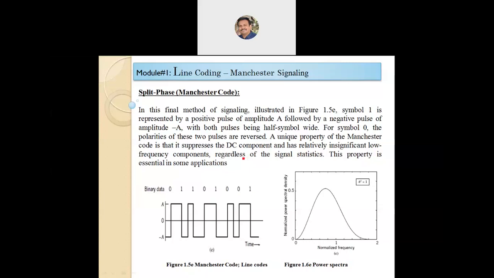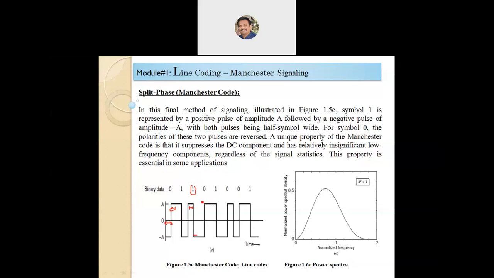As explained, bit 0 always has the first half symbol width at minus A, and the remaining half width at plus A. Similarly, bit 1 is the reverse of bit 0, that is the first half is plus A and the next half is minus A. Hence we observe alternating amplitudes.